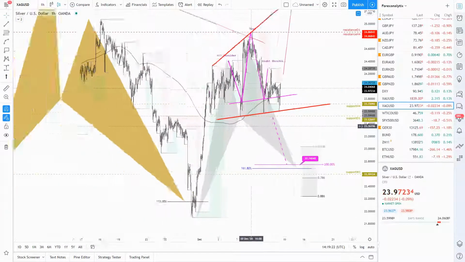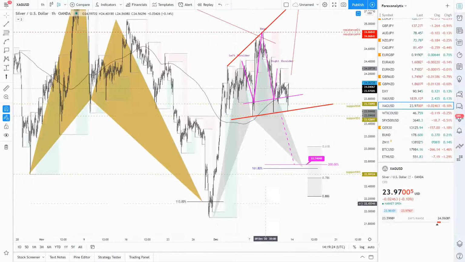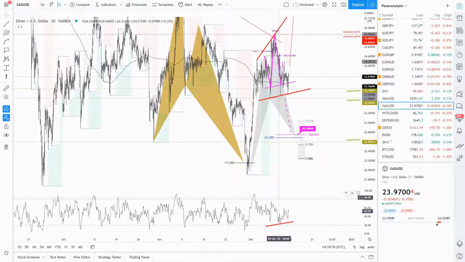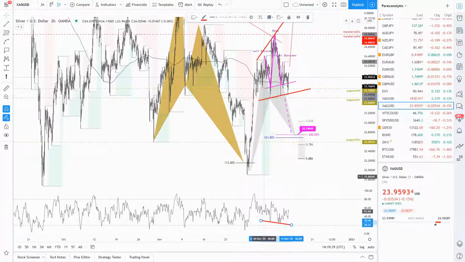Silver wasn't the best example in terms of bullish divergence, at least on this time frame. Actually, on a higher time frame, on a 2 hour time frame, it is even better. We have that bullish divergence between the most recent lows for silver and the previous daily fractal support. So I will not be surprised to see that.